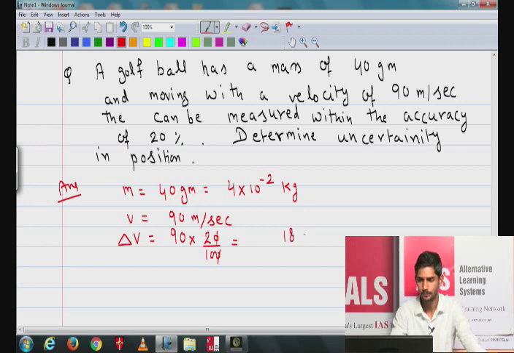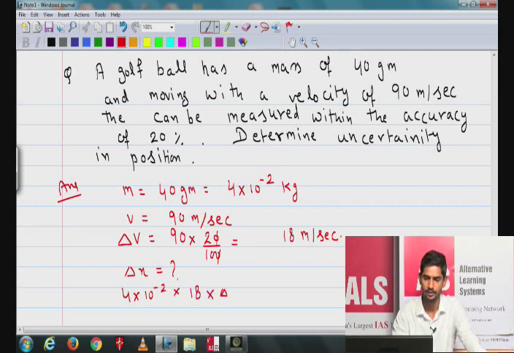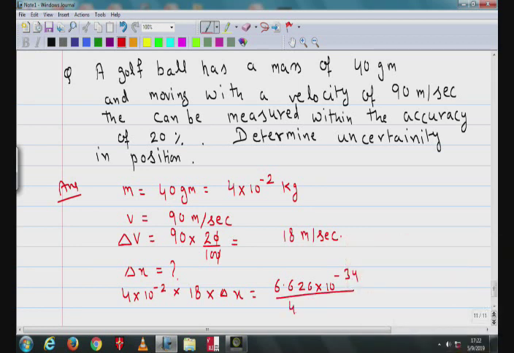Okay, this is the delta V in meter per second. You have to calculate delta X. Simply put in the values and you will get your answer. See, this is 4 into 10 to the power minus 2, this is 18. Delta X is equal to 6.626 into 10 to the power minus 34 upon 4 into 3.14, and then the mass and delta V. Guys, quickly solve this equation and tell me the answer.